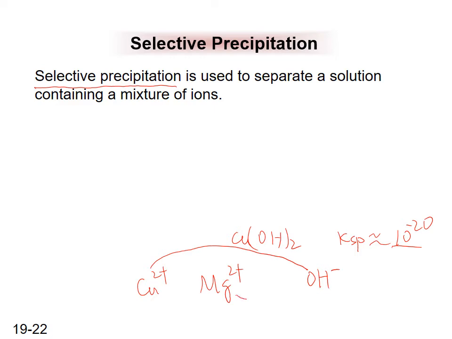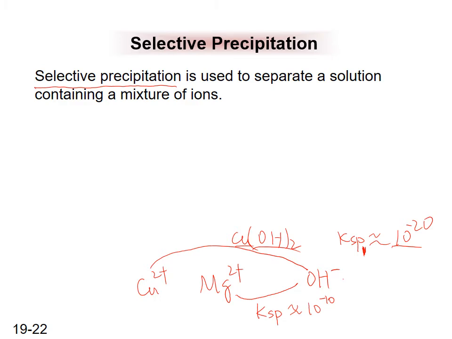Magnesium hydroxide also forms a solid with a Ksp around 10 to the minus 10. And so the copper Ksp is much smaller, meaning copper hydroxide is much more insoluble than magnesium hydroxide.